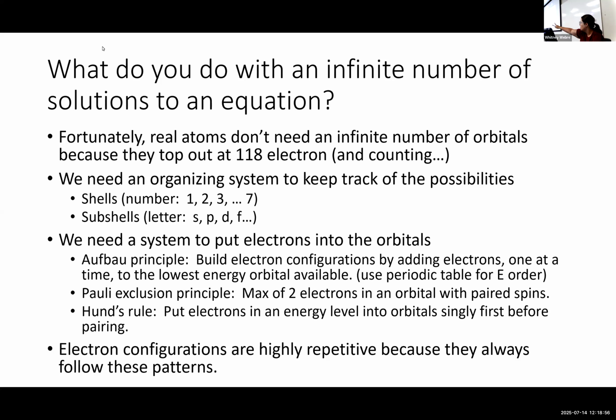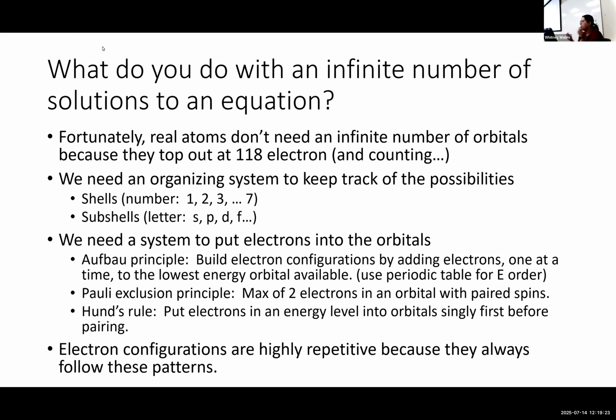When I say group, I mean column. Groups 1 and 2 would be the S subshell. If I skip over to boron through helium, all those groups, that is the P subshell. And then the transition metals are the D subshell. And then the last two, the lanthanides and the actinoids, those are the F subshell.